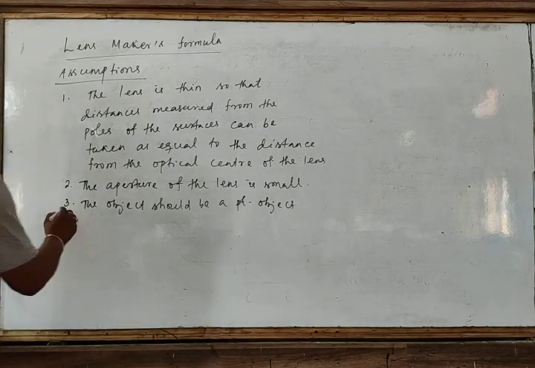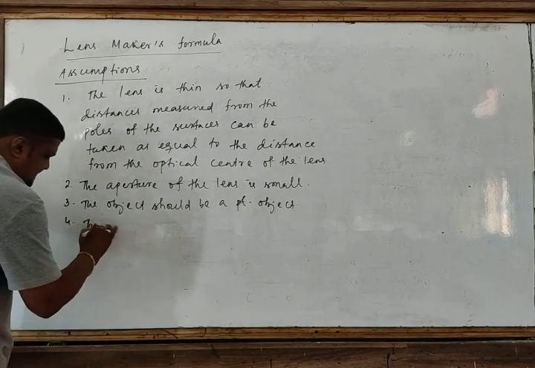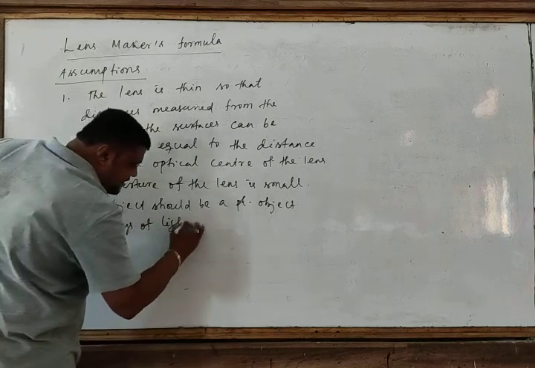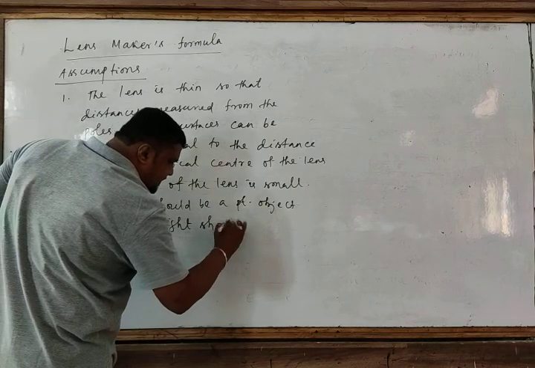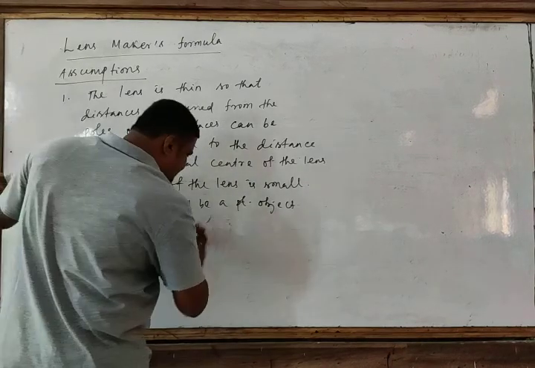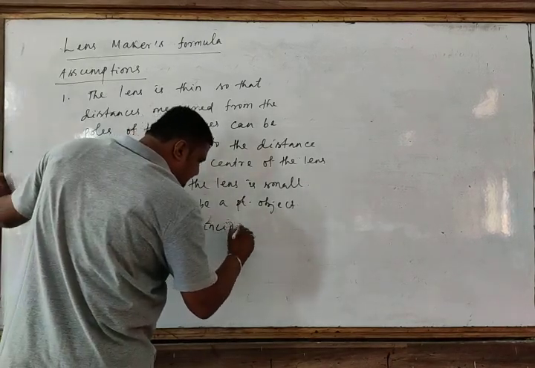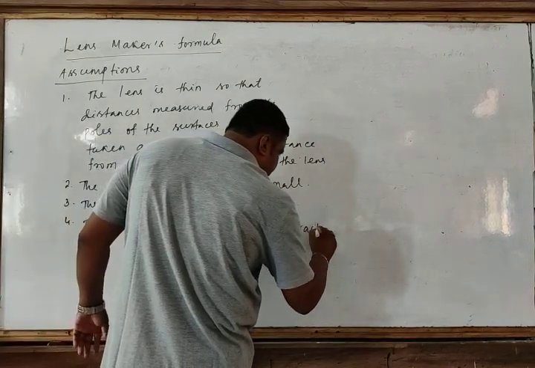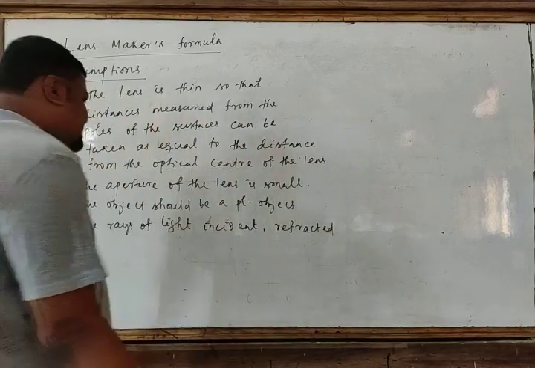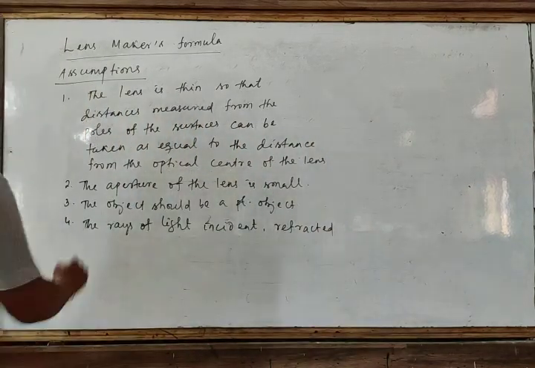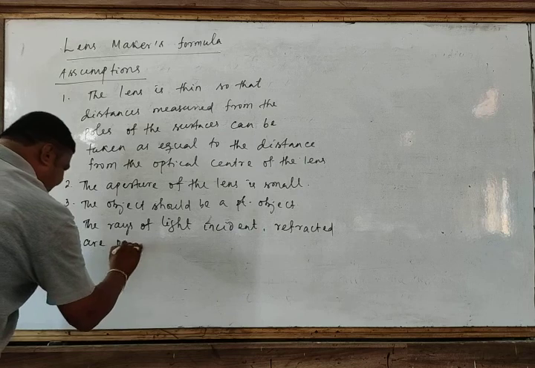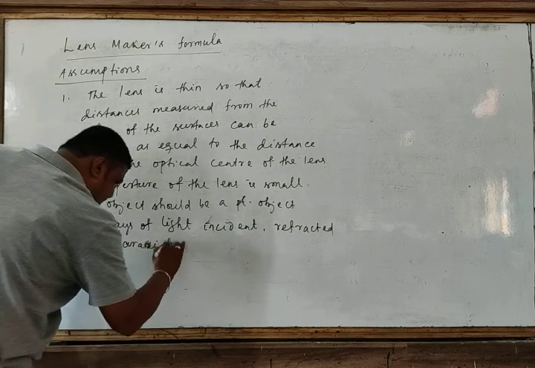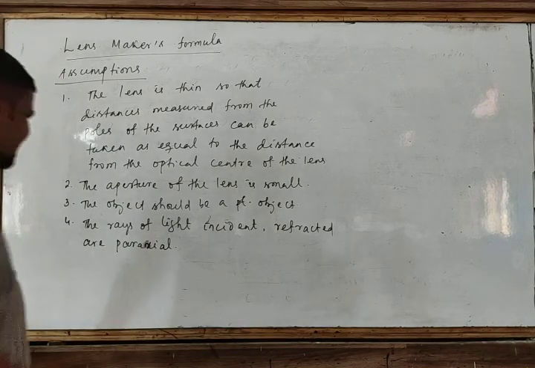And the rays of light, the incident and refracted rays, should be para-axial. What are the rays of light?